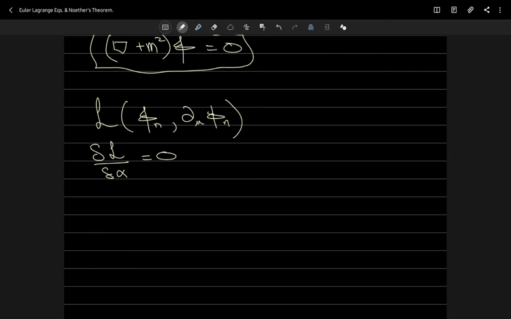Using this, we can derive a very similar equation in a very similar manner as we did for deriving the Euler Lagrange equation.